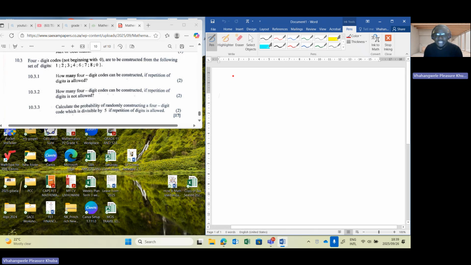Once you know that there are 4-digit codes, you already know that you are going to need 4 positions, because we need 4-digit codes. They are to be constructed from the following set of digits. Look at the digits. It's 1, 2, 3, 4. There is no 5. Then we have 6, 7, 8, and 0 there.